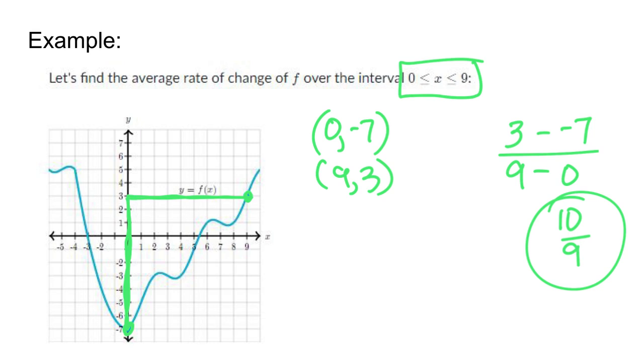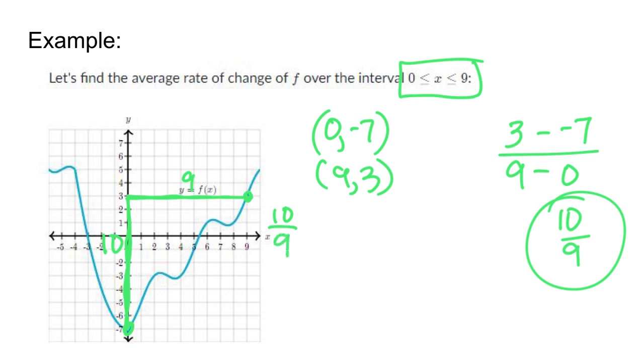So if I did that, I would be going from 1, 2, 3, 4, 5, 6, 7, 8, 9, 10 steps up. And then I would be running 1, 2, 3, 4, 5, 6, 7, 8, 9 steps to the right. And I would do the same thing, 10 over 9, to get my average rate of change.